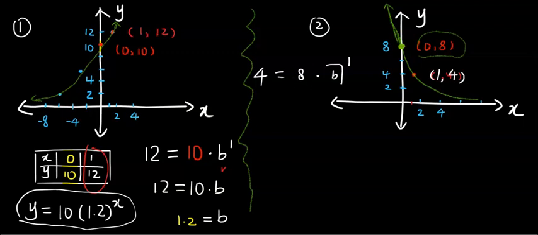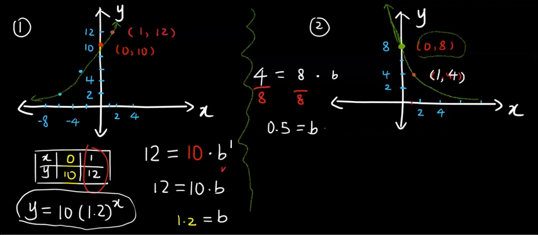And as you can see, b to the first power is still b. It tells us 8 times b is 4. So what is b? We're going to divide by 8 on each side. It gives us b is 1/2. If you like, you can write down 0.5. Of course, you can write down 1/2, whichever you prefer.